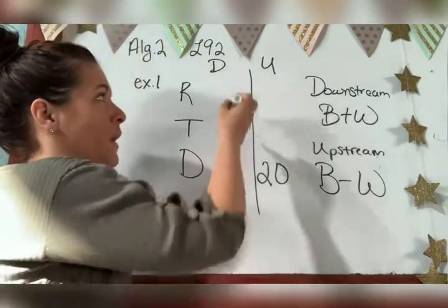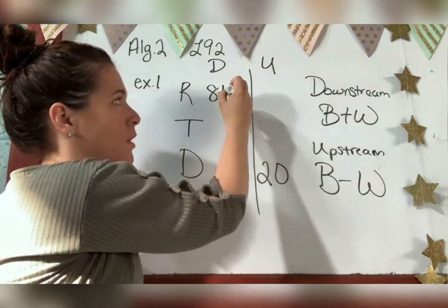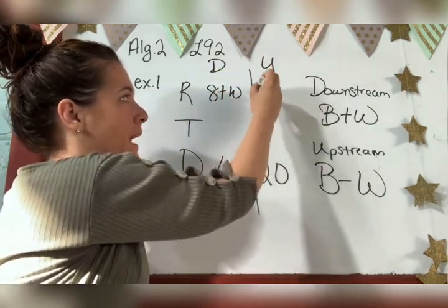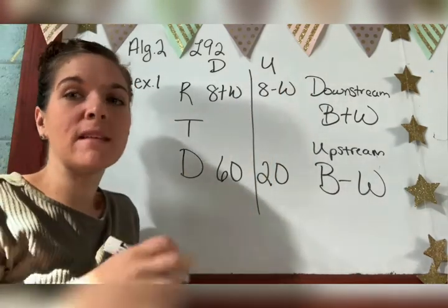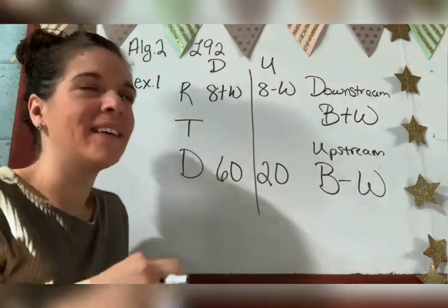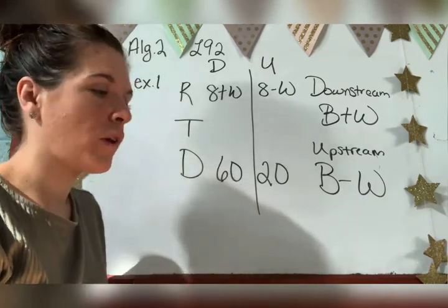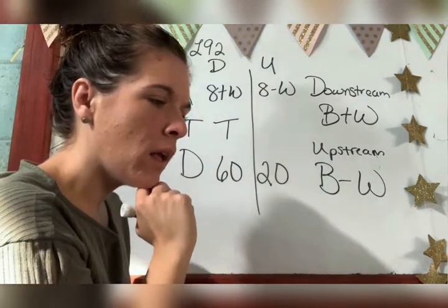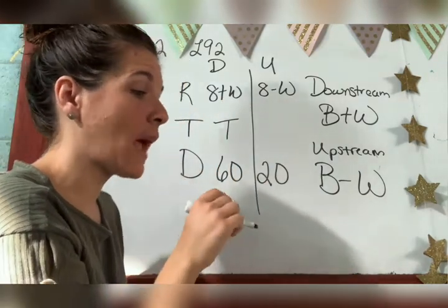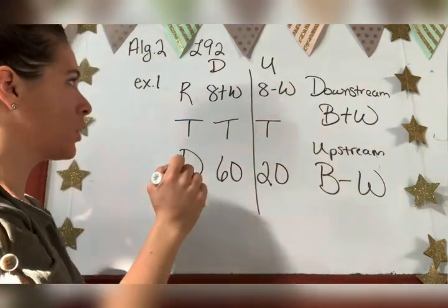Okay, so in still water the boat is 8, so downstream is 8 plus w, and upstream is 8 minus w, okay? When they say still water, this means if the water was not moving, this is how much the boat can move by itself. We don't know the time, but it did say they could go in the same time, so time is equal to time. Okay, so now let's do our equations.